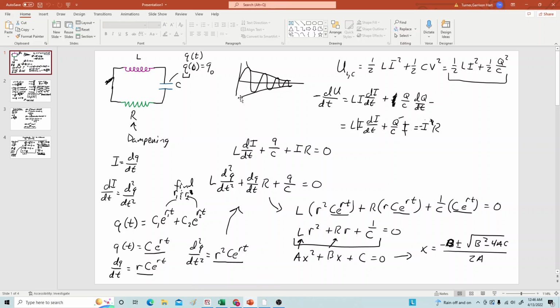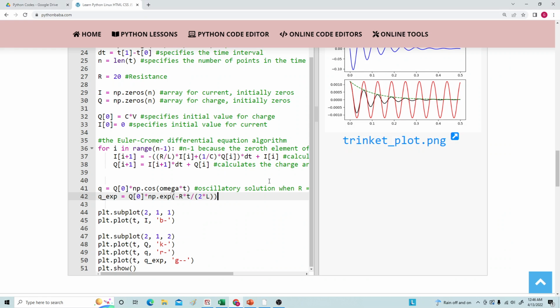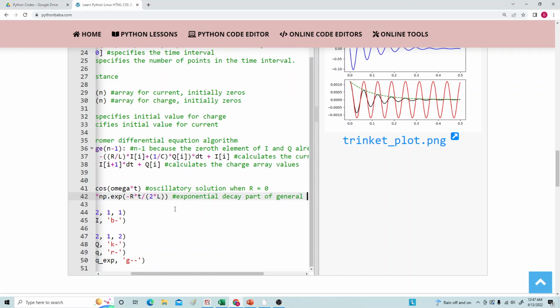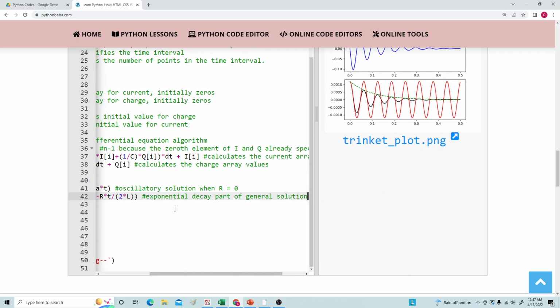Now I didn't plot this one, just plotted this one, but under the assumption that if this one turned out correct, then we can assume that this one is correct as well. So if you want to, you can also plot that one, but that's what this function is. So this is the exponential decay function. So we'll label this the exponential decay part of the general solution.